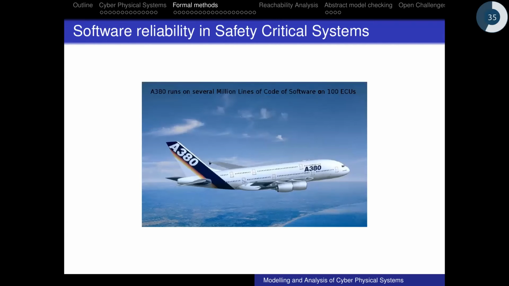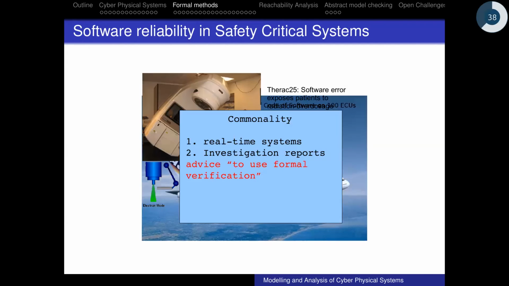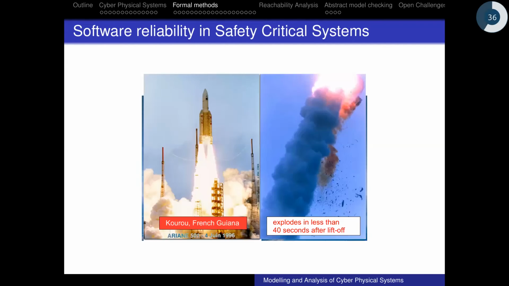Right? So safety critical systems are everywhere, and for that reason software reliability becomes very important. In the past, there have been a lot of important missions that have failed because of software errors. These are examples. For instance, what you are seeing in here is the Ariane 5 maiden launch, which failed due to a software bug within 40 seconds after ignition.